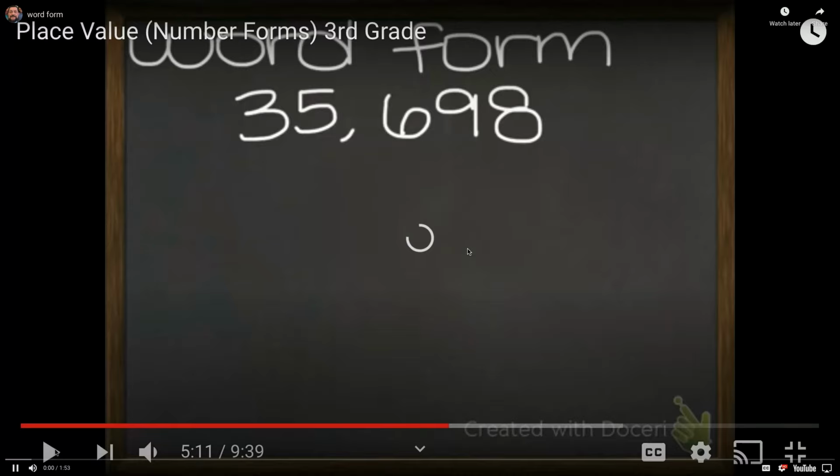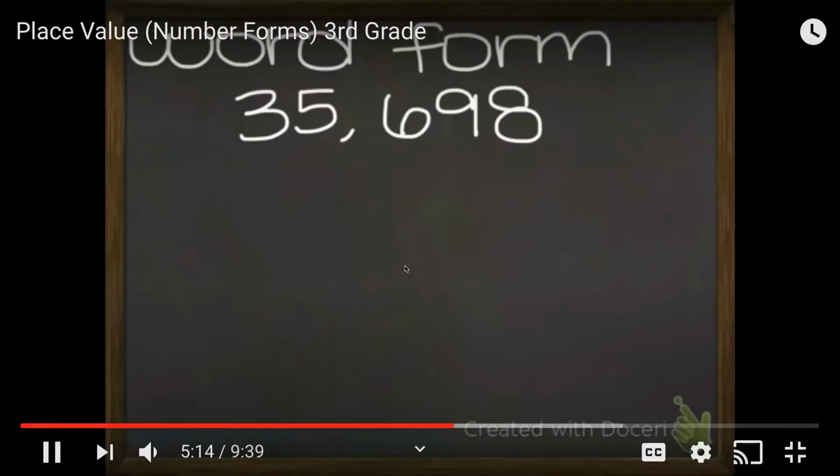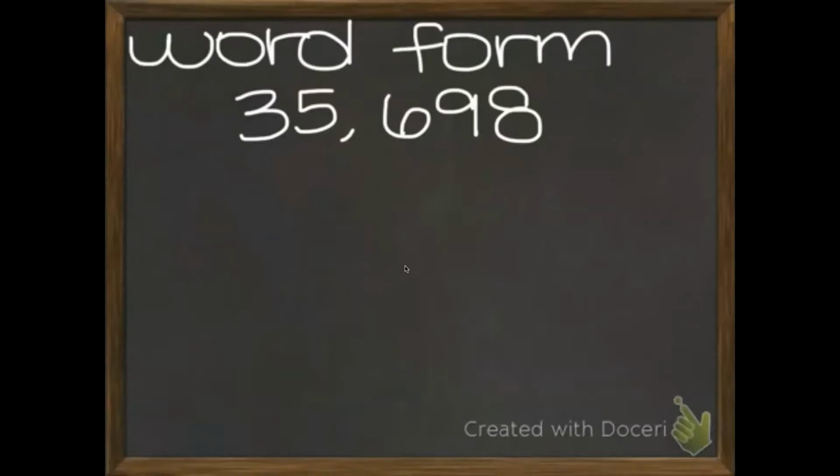Another way that we show numbers is through their word form. This is simply writing out in words what you would say when you read the number. So remember, we start with the thousands period, and this part says 35. So we write out 35. Next, when we see the comma, that tells us to say the word thousand.